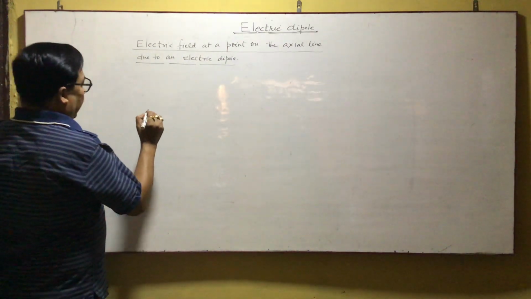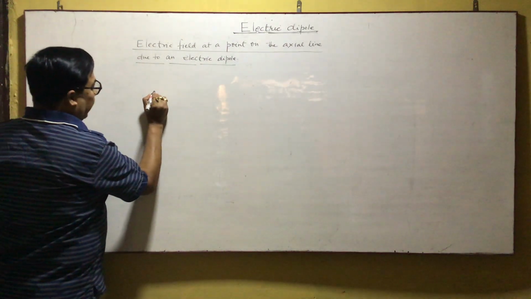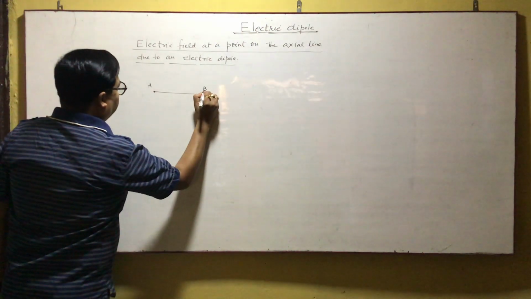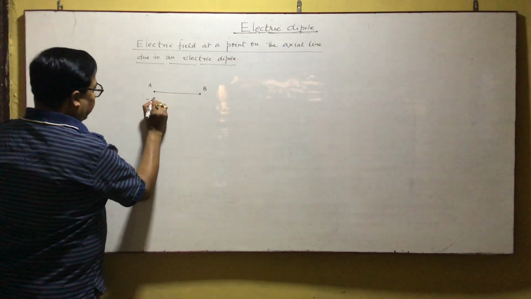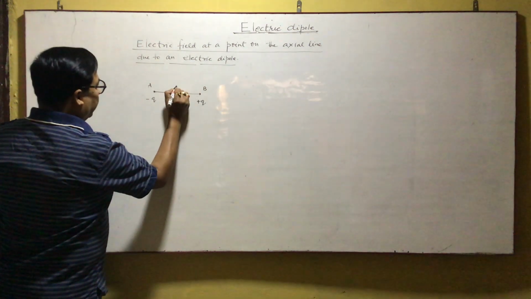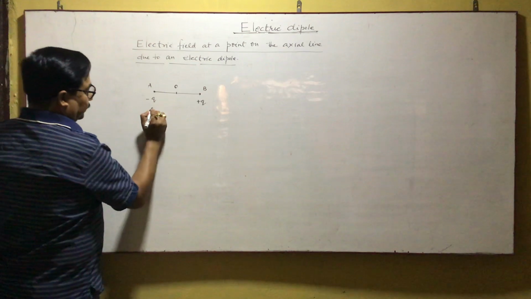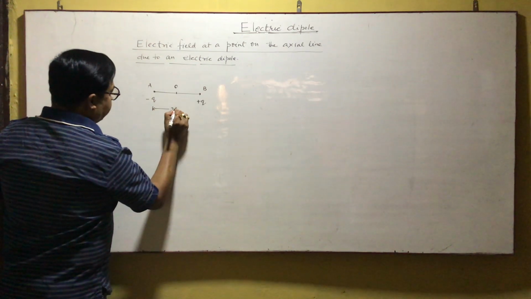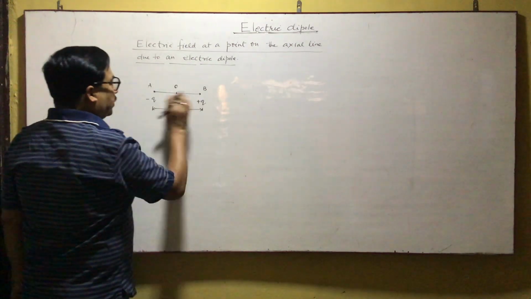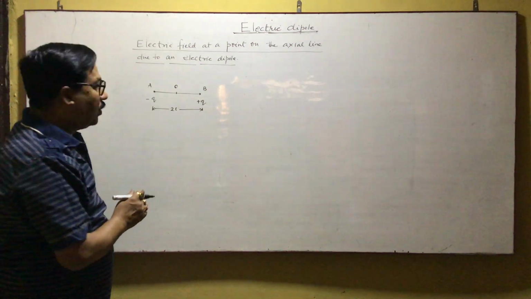So we have an electric dipole AB. The charges are minus Q and plus Q. O is the middle point of the dipole. Dipole length is twice L. And the line joining the two charges is called the axis of the dipole.